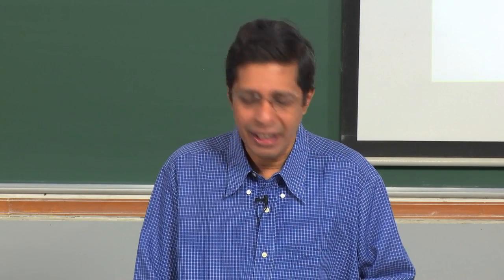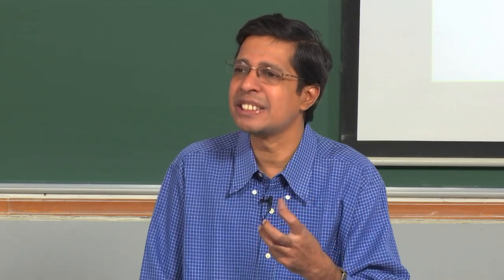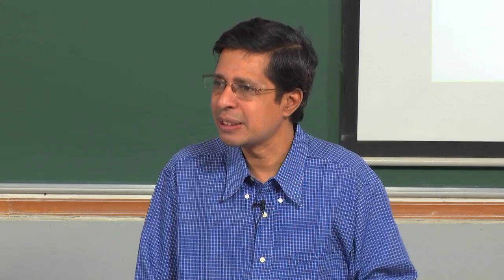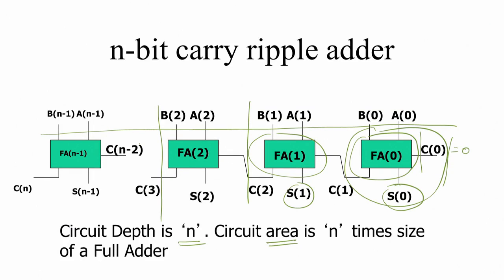I can't afford this, because the latency will become too high. So I need very fast additions inside my circuit. I am just giving you a practical example where this n is unacceptable for, say, 128 bits or so.